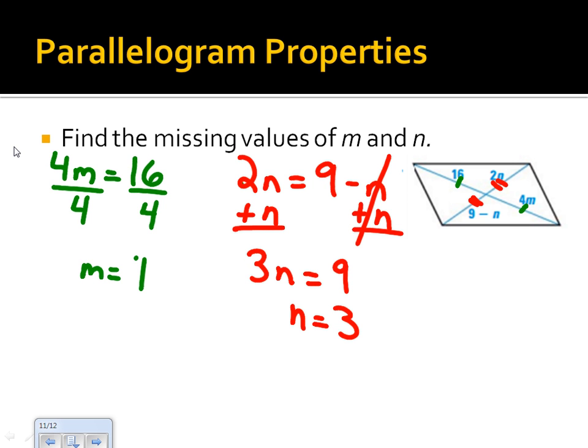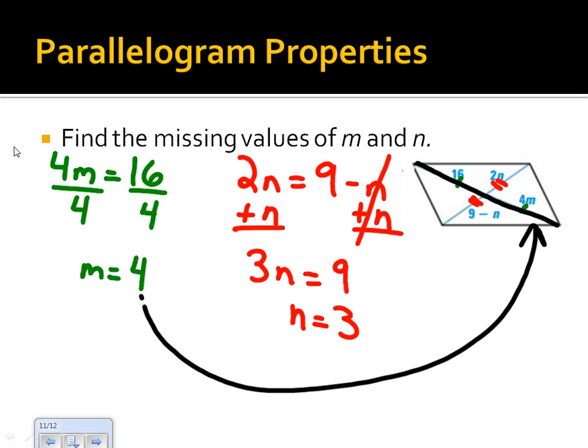If I wanted to find the whole diagonal, the whole thing, I could do it two ways. One is I could plug my answer back in over here. Or I could just find the 16 and multiply it by how many times?